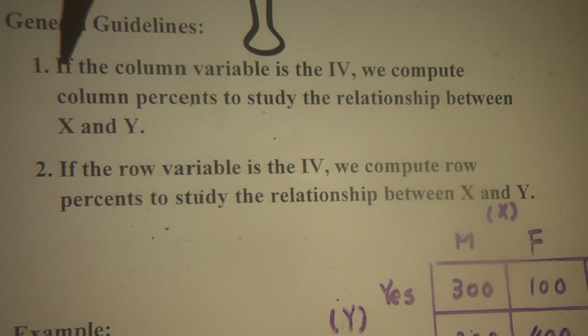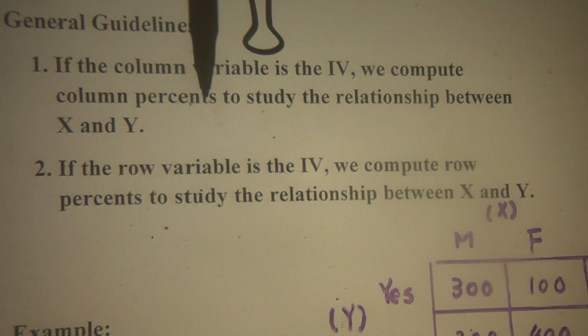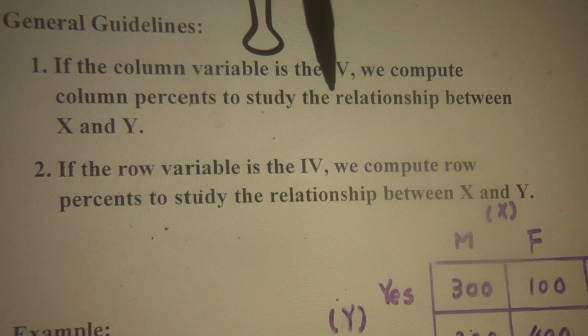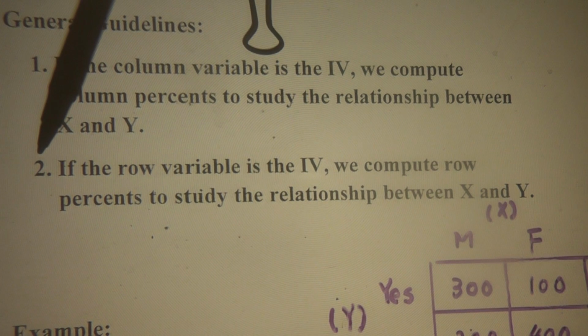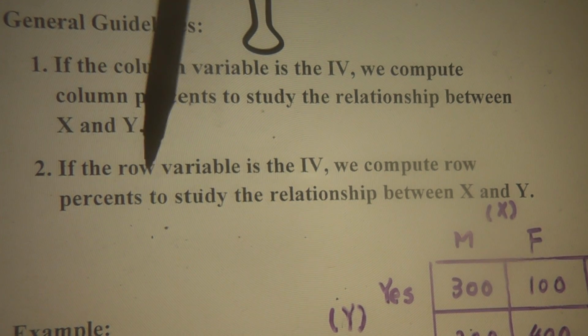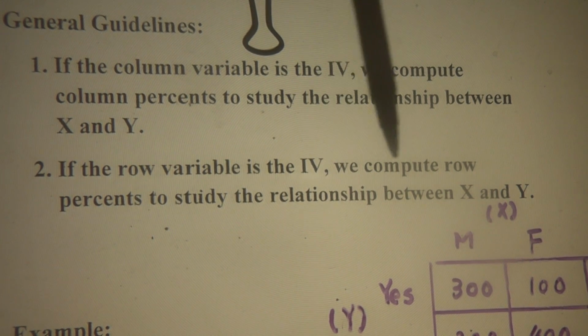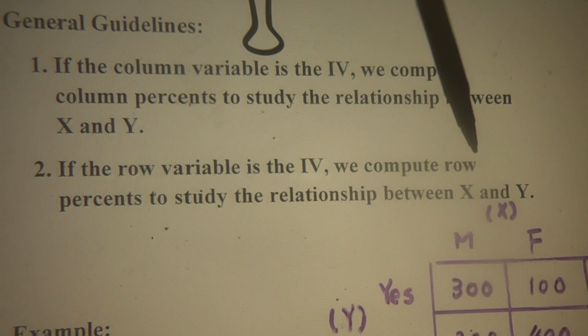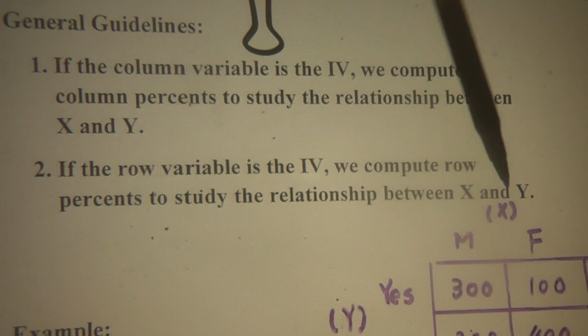One, if the column variable is an independent variable or explanatory variable, we compute column percents to study the relationship between X and Y. Two, if the row variable is an independent variable, we compute the row percent to study the relationship between X and Y.